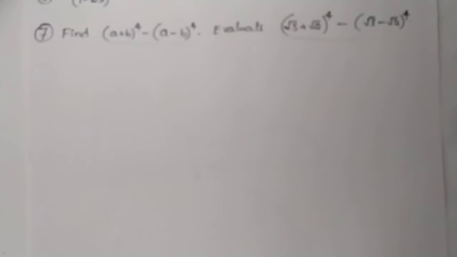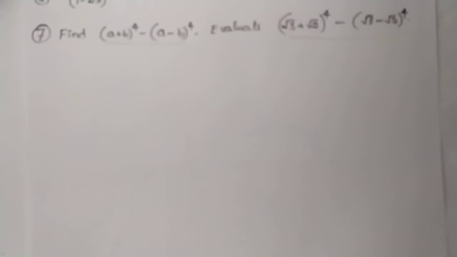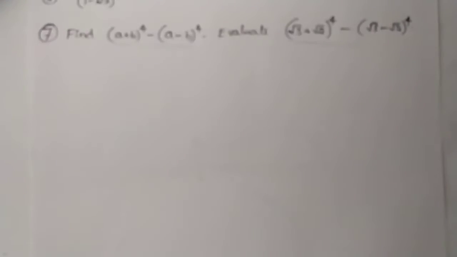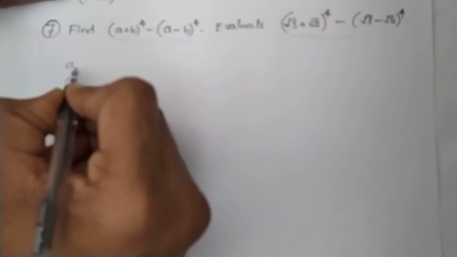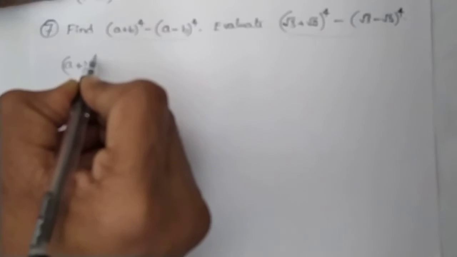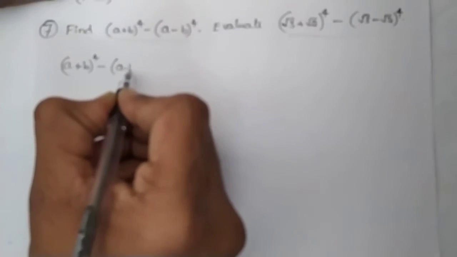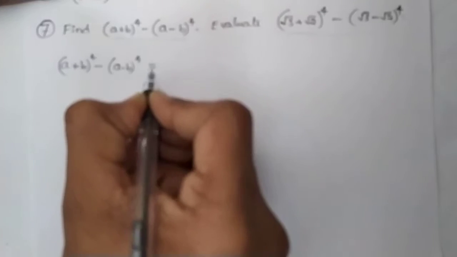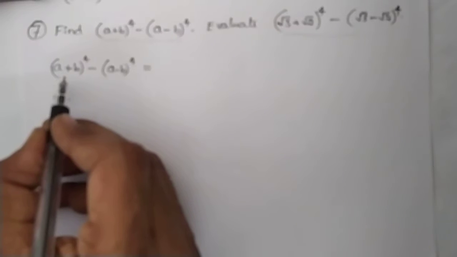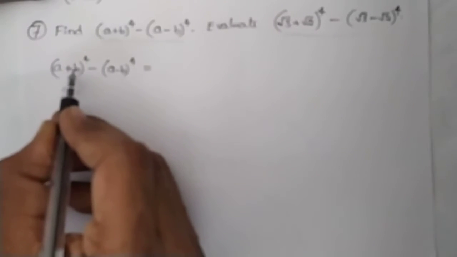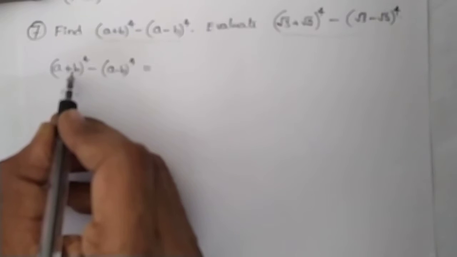Okay. Now let us move on to the problem. (a + b)^4 minus (a - b)^4 is equal to, first let us expand (a + b)^4 by using the binomial expansion.